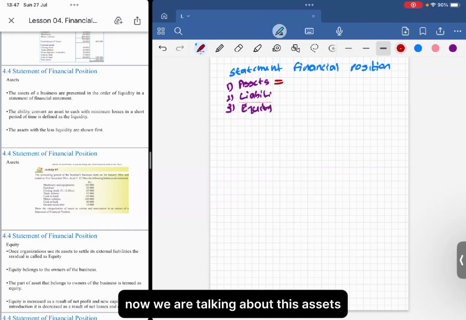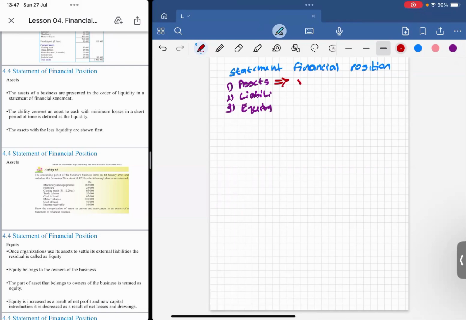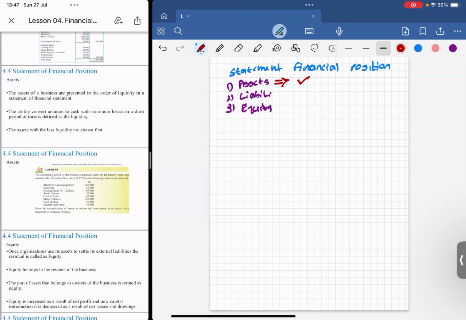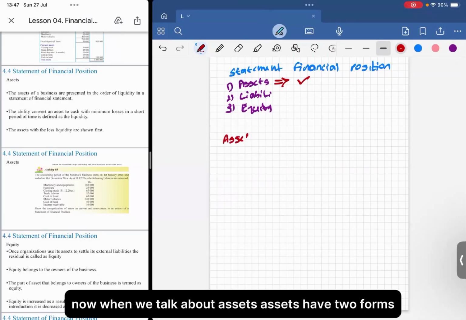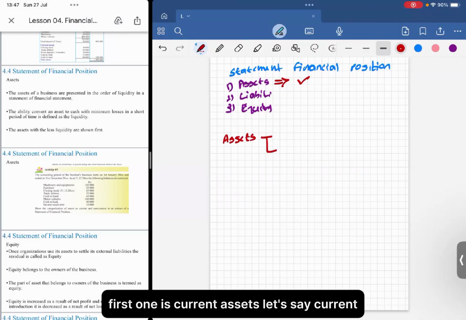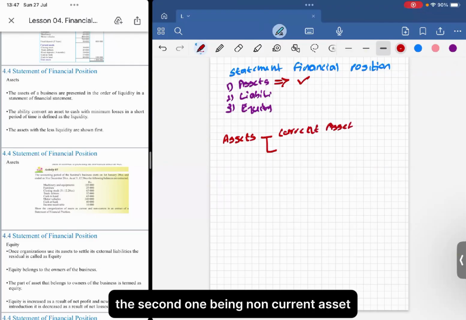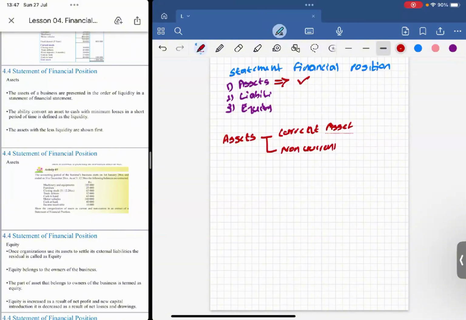Now we are talking about assets. Assets have two forms. The first is current assets, and the second is non-current assets.